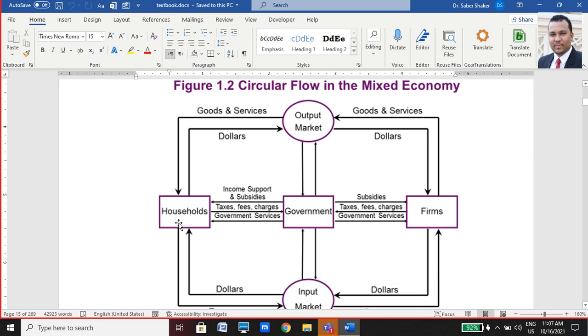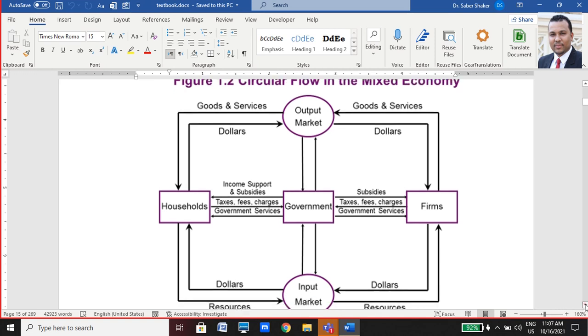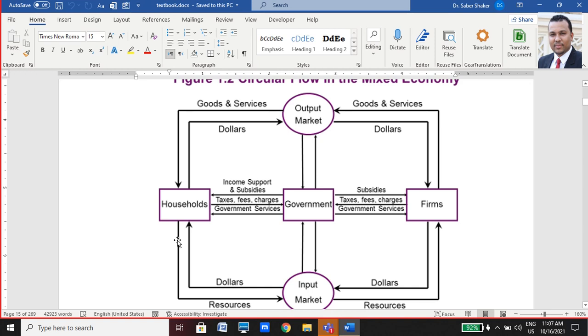The household sector provides resources to the firms, and the firms employ resources to produce goods and services. This is the first circle, which we can call the real sector or real circular flow.